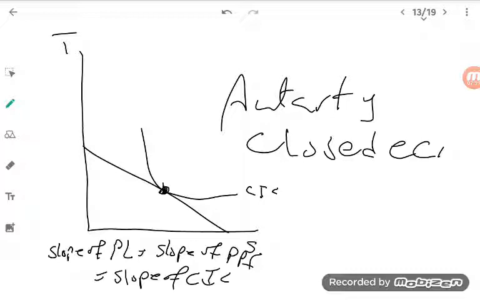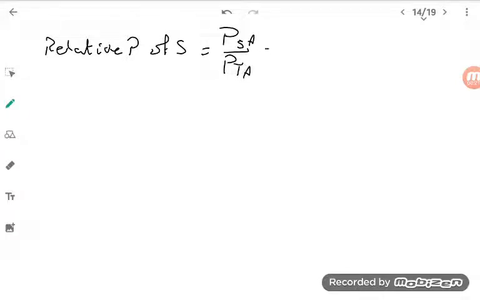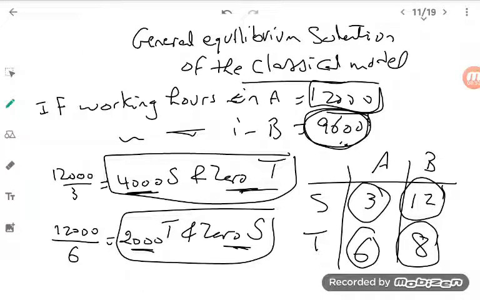Now we are going to trade, or specialize in the production of a specific product and trade this product with the rest of the world. What is the relative price of soybeans in country A, which is PS over PT? With respect to country A, the relative price will be 3 over 6.